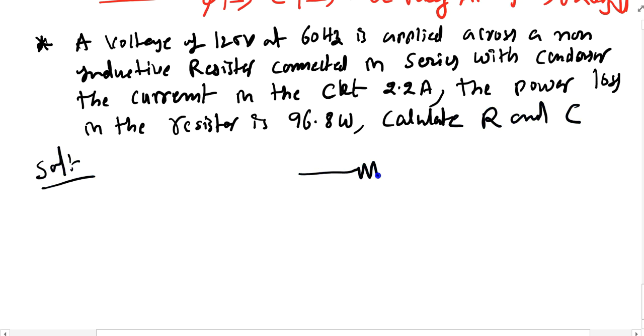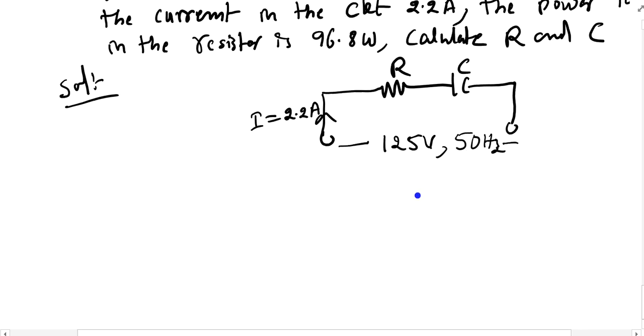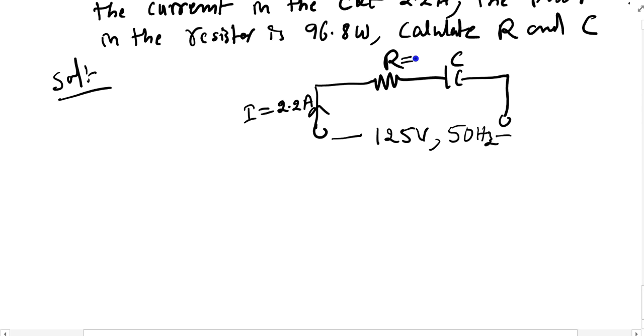So this is the diagram. This is R and this is C, the current is I equal to 2.2 amperes, and the 125 volts is given, and 60 hertz is given. So I want to find the R value and the C value.